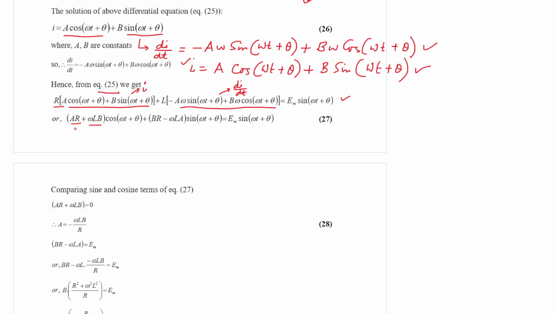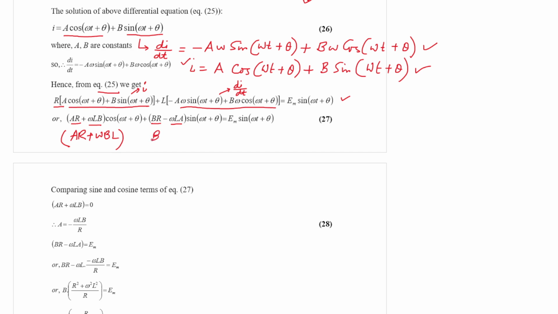So if you take cosine terms altogether, the coefficient of the cosine term will be AR plus omega BL. Similarly, if you take sine terms together, with this sine term we have first BR, and from this dI/dt term we have the sine term with minus omega AL.